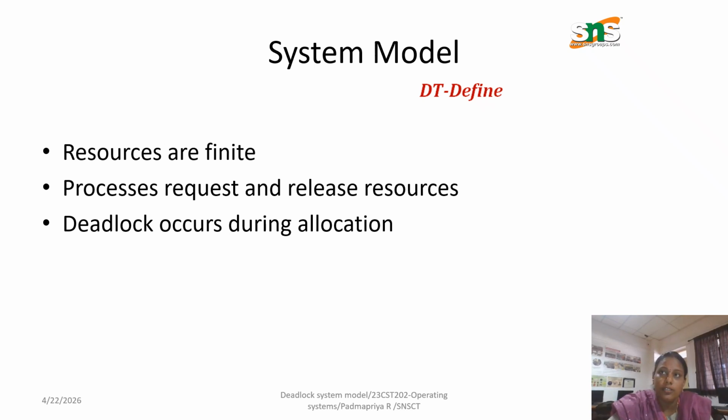The other process should wait until the first process completes. Once the first process completes its task, it releases resource 1. Then resource 1 can be allocated to the other process which already requested it. So resources are finite. Processes request and release resources. Deadlock occurs during allocation.